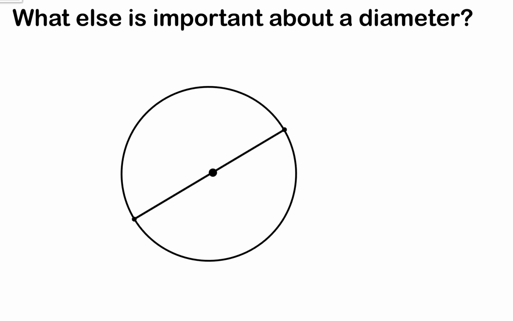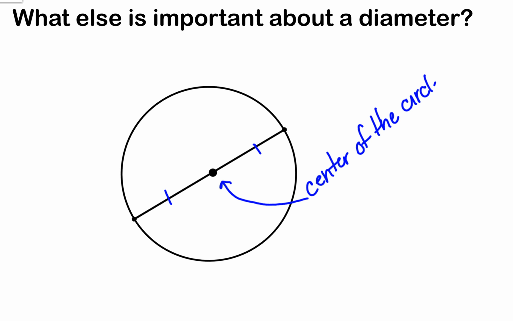Okay. What else is important about the diameter? Well, if these 2 radii are the same, then that makes this center of the circle the midpoint.